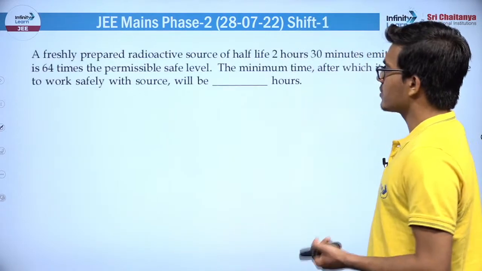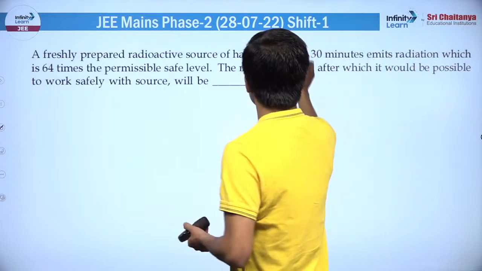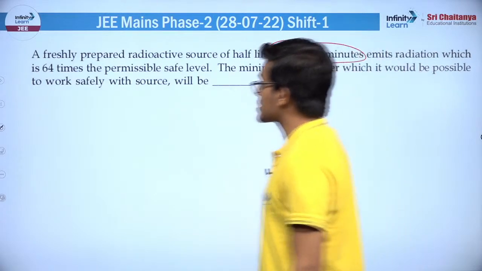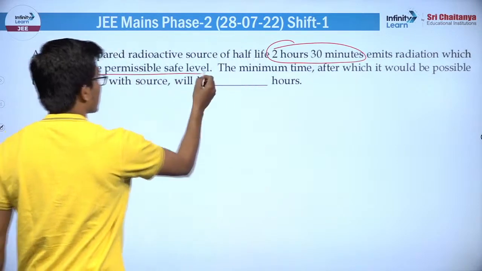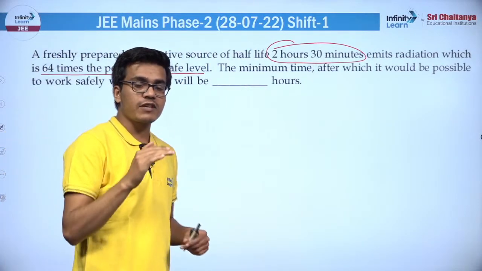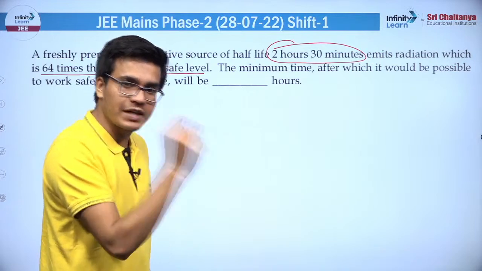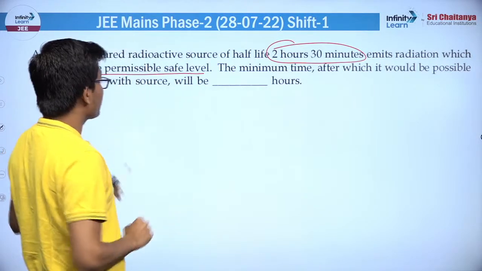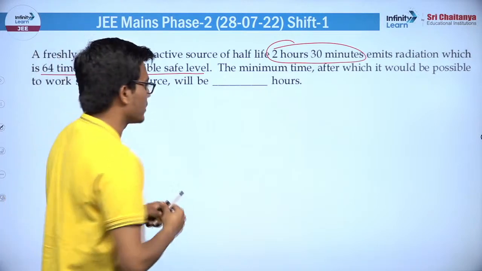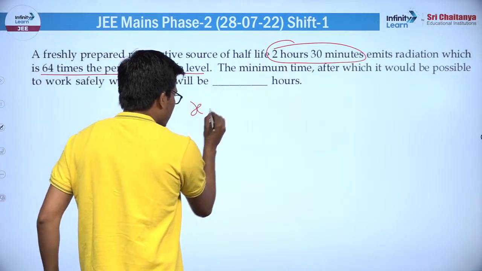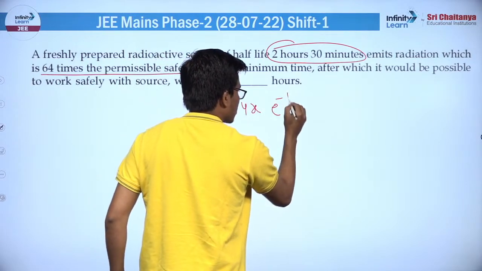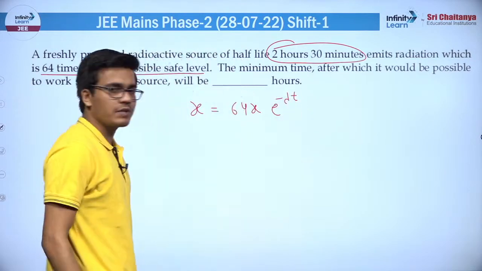Moving to the next question. A freshly prepared radioactive source with half-life 2 hours 30 minutes emits radiation which is 64 times the permissible safe level. So let's say the safe level is X, but initially it is at 64 times the safe level. So if the permissible level is X, initially it is 64X, and there is a term e to the power minus lambda t, right?